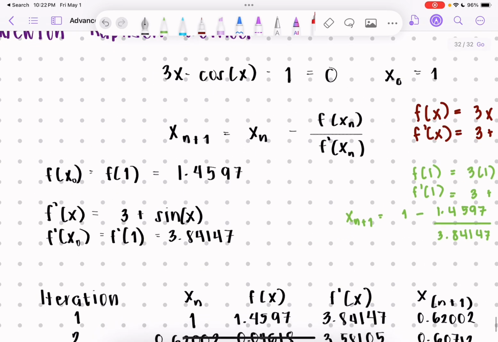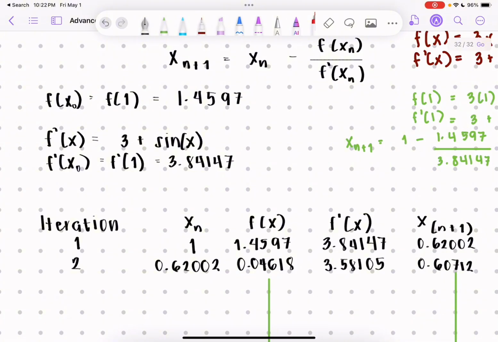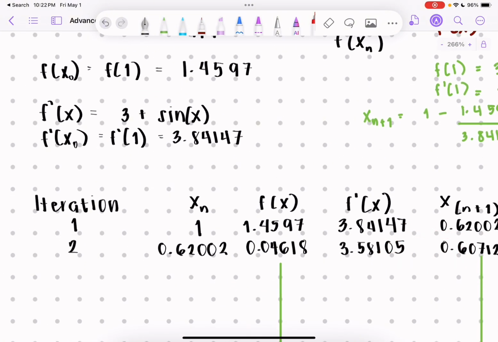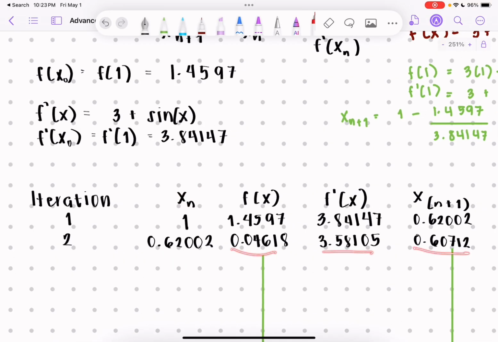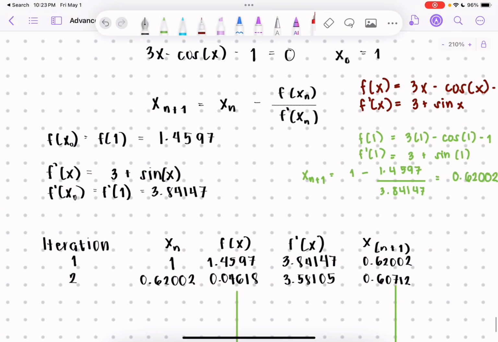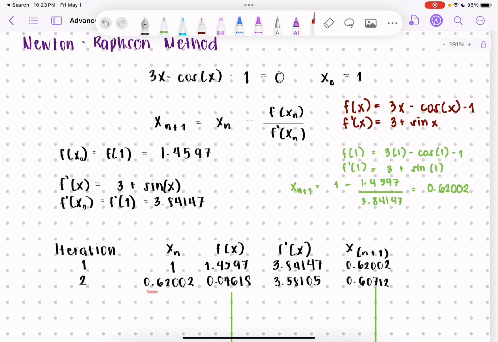So our f of x is equal to 1.4597, f prime of x is equal to this one, and our x sub n plus 1 is equal to 0.62002. Now that we have this, we're going to plug that in as our new value for x of n, which is right here. How did I get these numbers? I just simply substituted the value 0.62002 again to our equation right here. Substituting this to f of x would give us this value, and substituting it again to our f prime of x would give us this value.